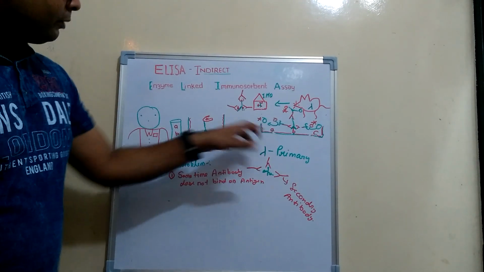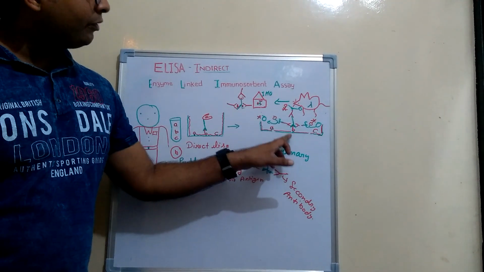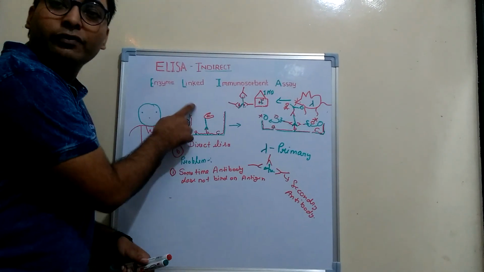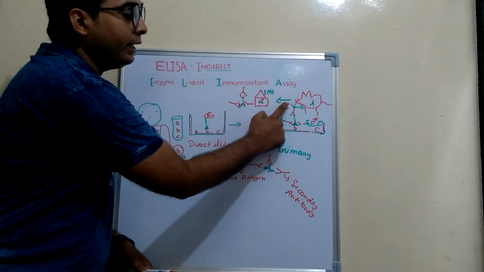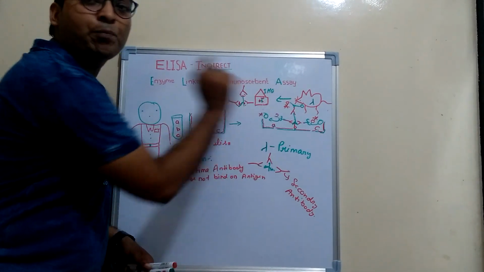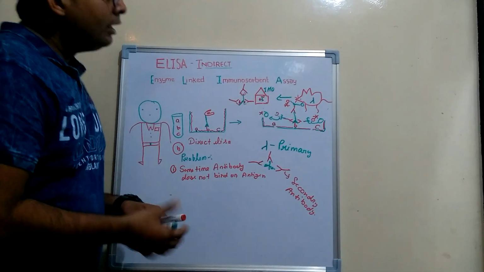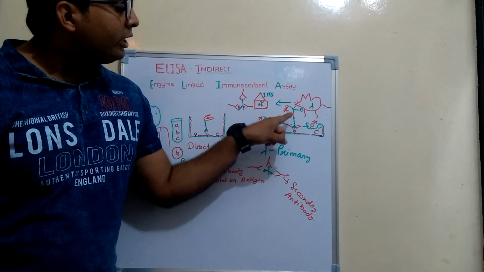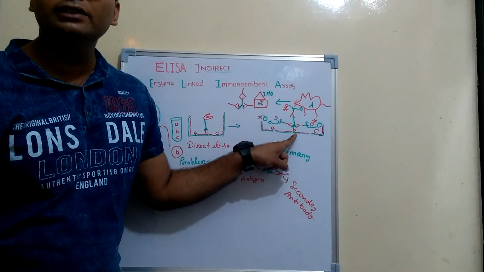If you compare with direct ELISA, you will find that there the color intensity was very low, but here the color intensity is very high. Here the enzyme linked antibody has not directly bound with the antigen.